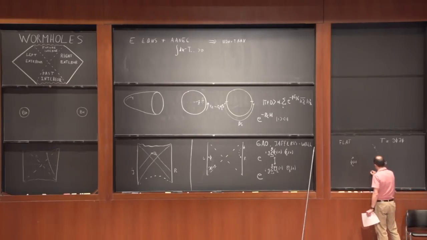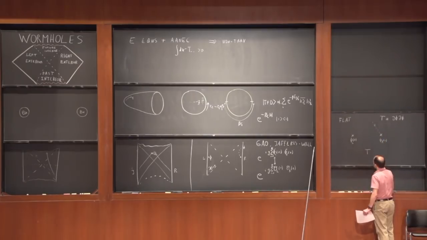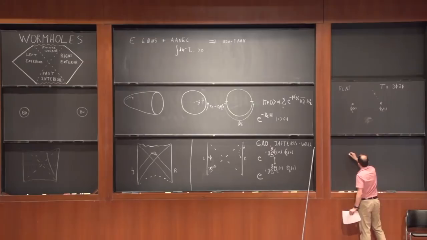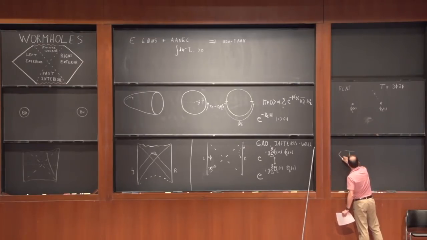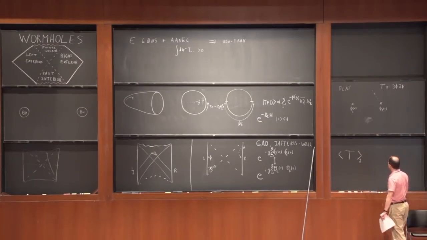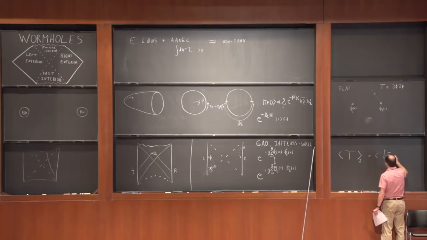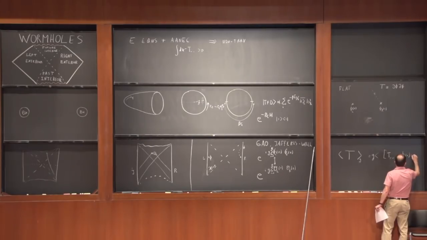We evaluate the stress tensor in the state perturbed by this operator, and we'll get that the leading order term comes from the expectation value of the commutator of the stress tensor, T mu nu, with this double trace interaction, phi left of 0, phi right of 0.